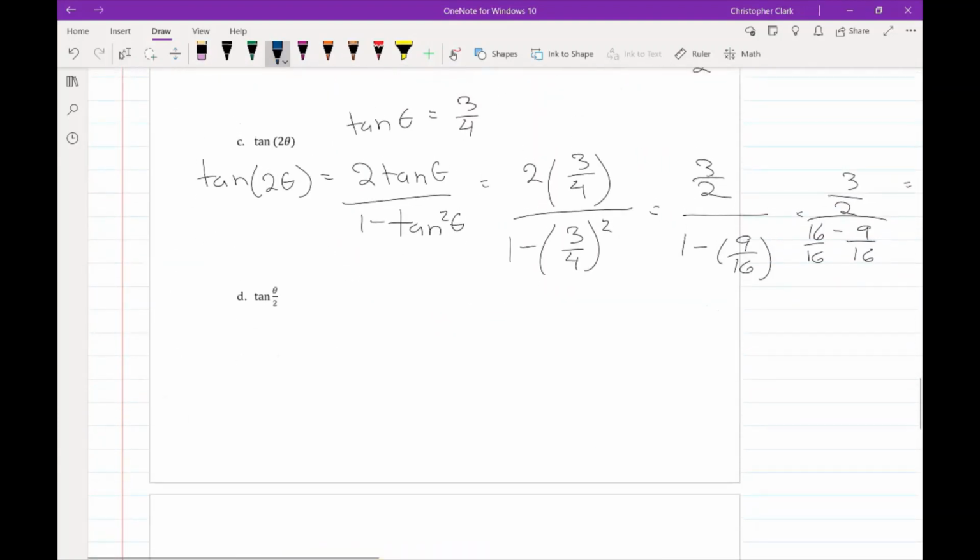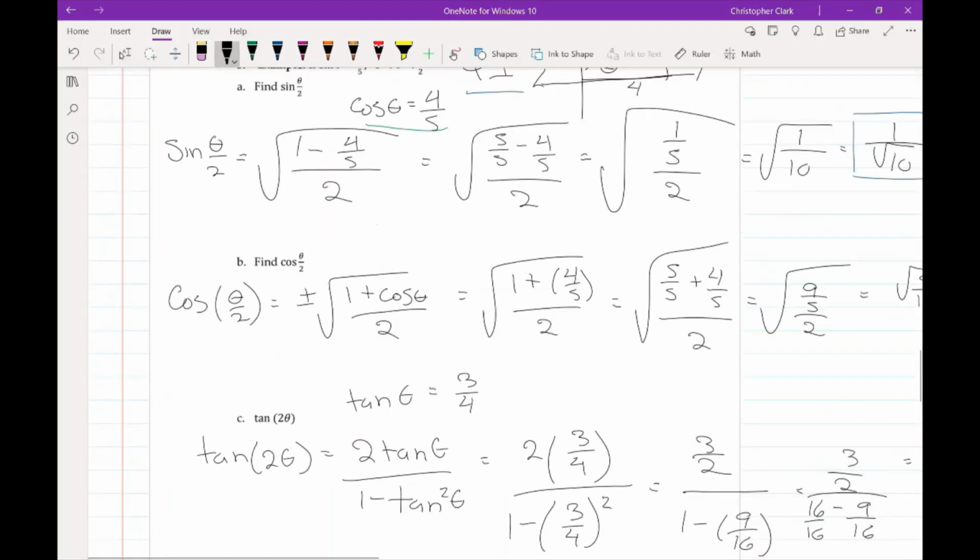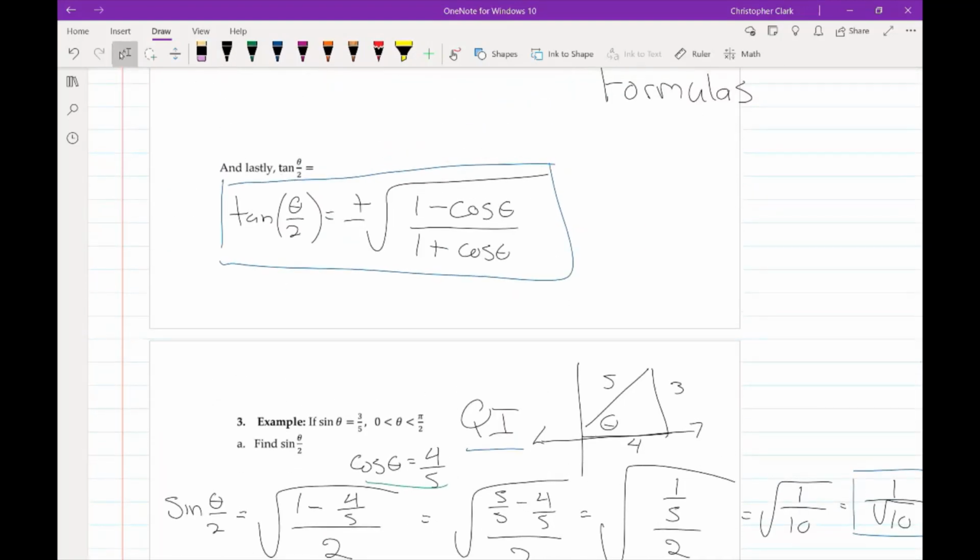So now we'll do tangent of theta/2. We're going to do a pretty similar thing. And we're going to go over here and say that tangent of theta/2 is equal to, in this case, we're going to use the positive version because tangent theta is positive in quadrant 1.